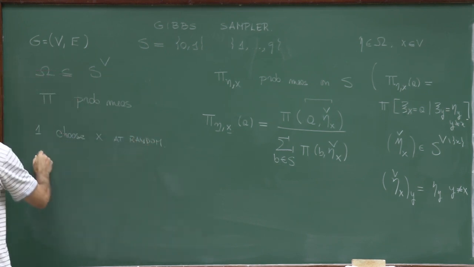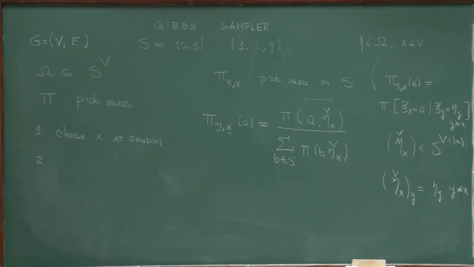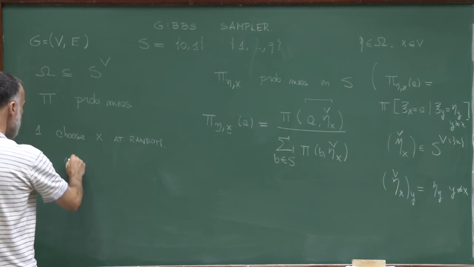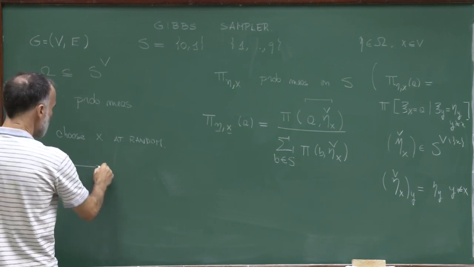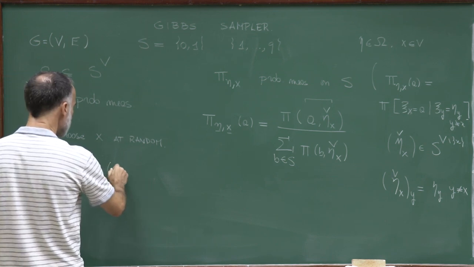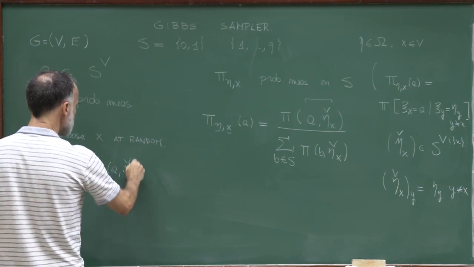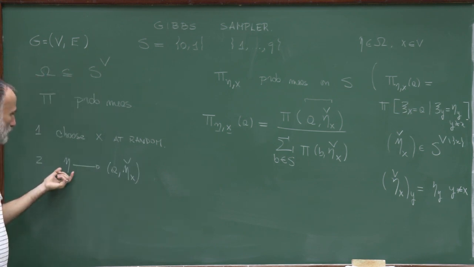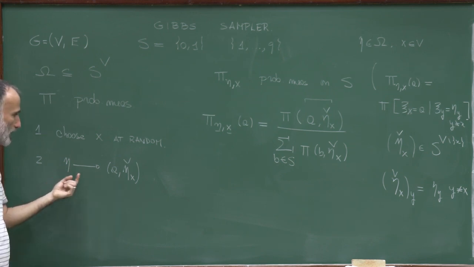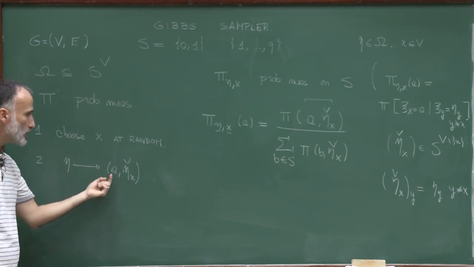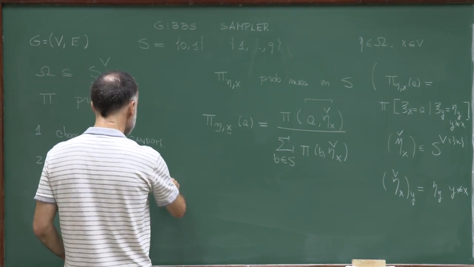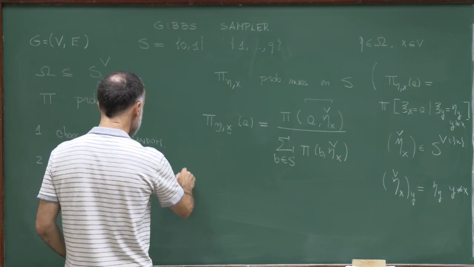And then once this site x is chosen, you replace eta by the configuration A eta x. So mind, here you're taking your configuration eta and changing the value of eta at x, putting the value A, and this with probability pi eta x of A.